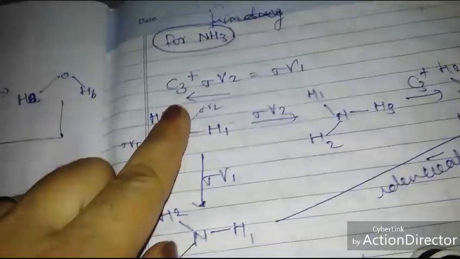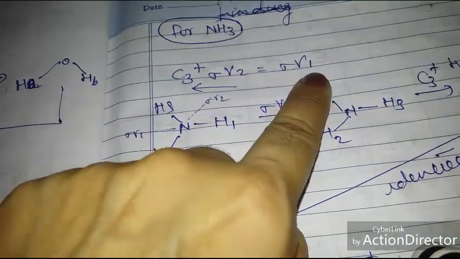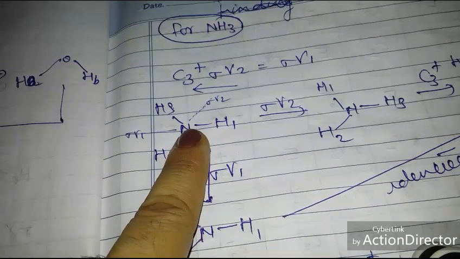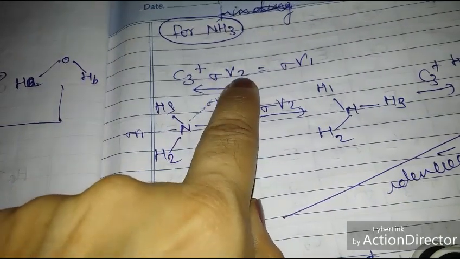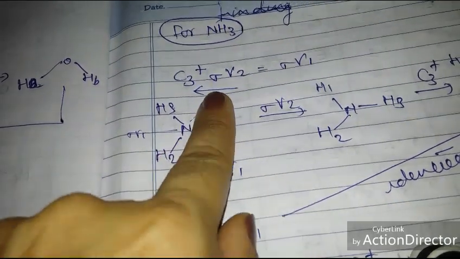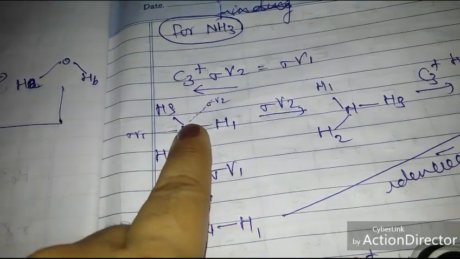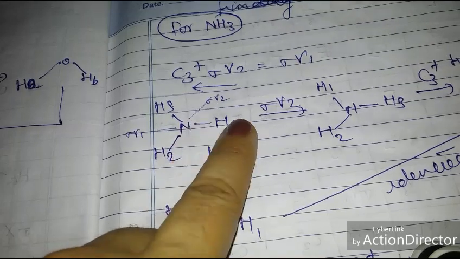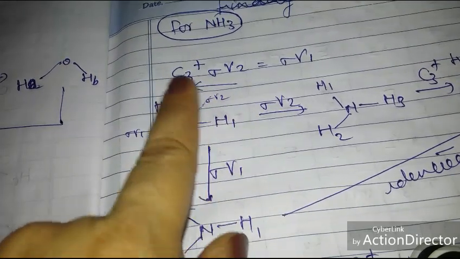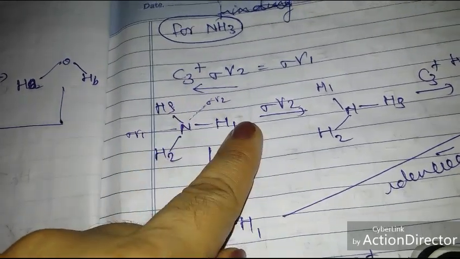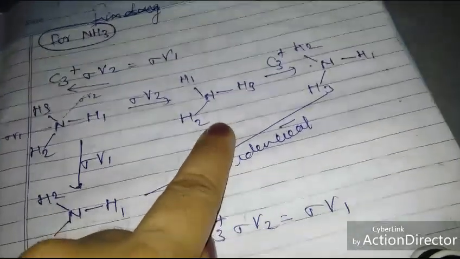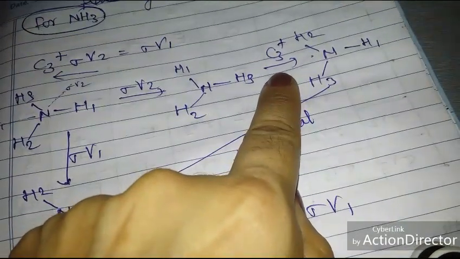Another is C3 plus and sigma V2 giving you sigma V1. Now first, this is the direction of operation, sigma V2 plane you will be applying. So when you apply sigma V2 plane, they will interchange their position, and then to the same you will be applying C3 rotation.